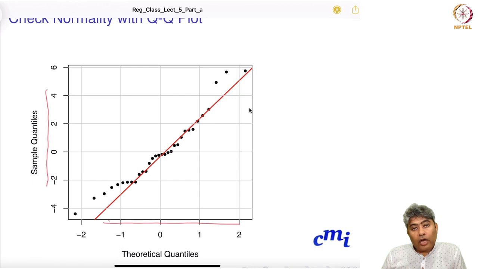If they are indeed coming from the same distribution, then they should be on the same line. In this case, visually it looks like they are on the same line, however on the tail side the points look like they are going far away from the line. So normality could be questionable.